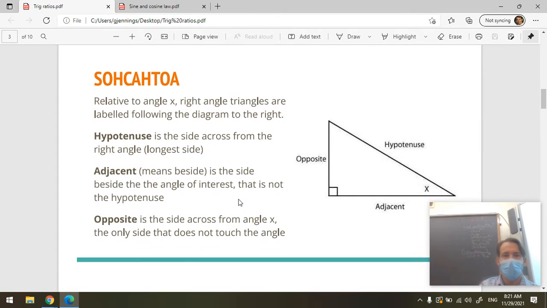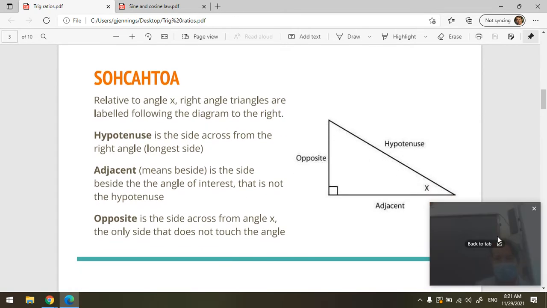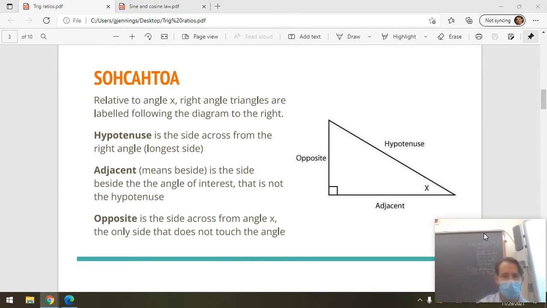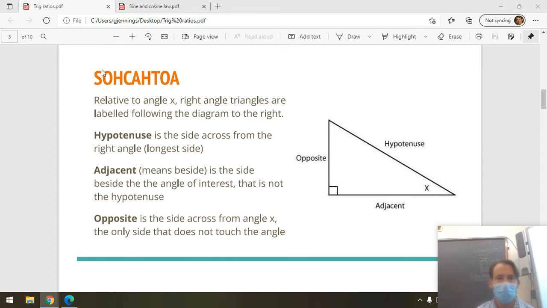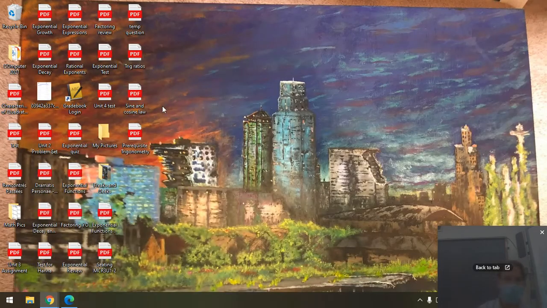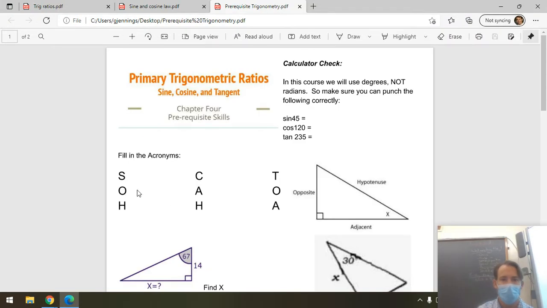All right, now we want to take a look at SOHCAHTOA. SOHCAHTOA, not only is it the musical sensation sweeping the nation, but it's a great mnemonic device you can use to solidify your memory of sine, cosine, and tangent. So you have some space on your handout here to fill in the acronyms and keep them in your notes.